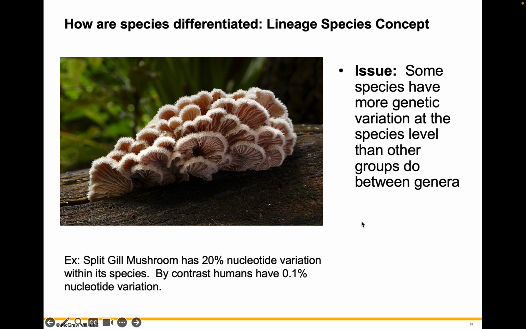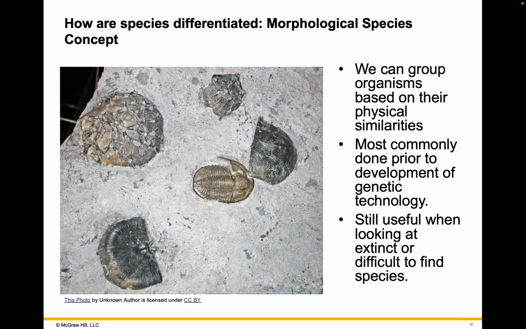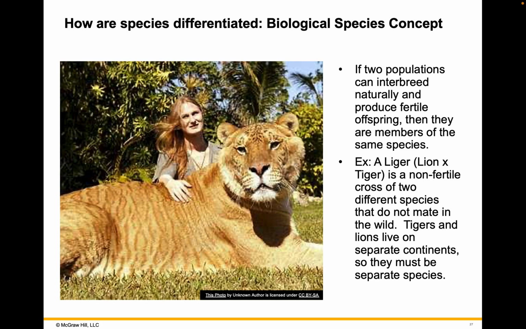And in reality, the best way to say two groups of organisms are different species is to use a combination of all three species concepts. There should be physical differences, but not always. There should be ecological differences in how they function in nature, but not always.